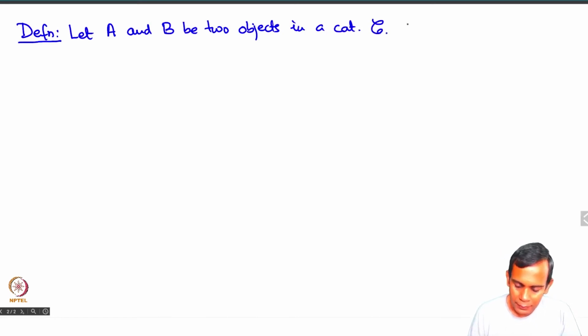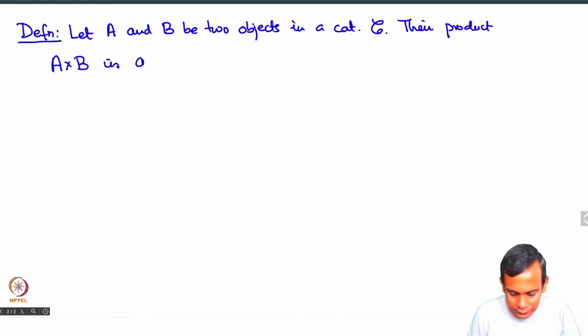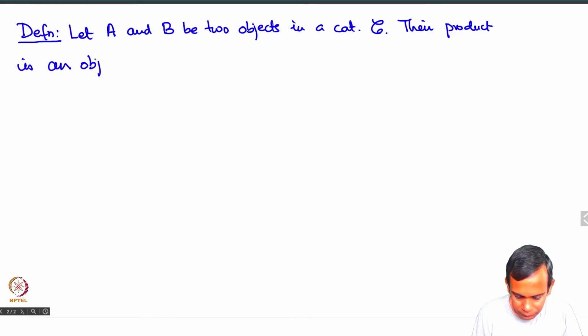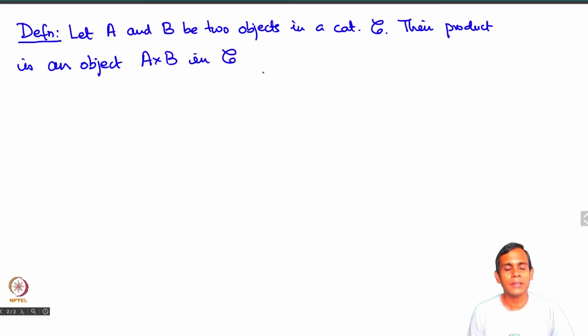Then their product A cross B is an object in C, which comes together with two projection maps, two arrows.